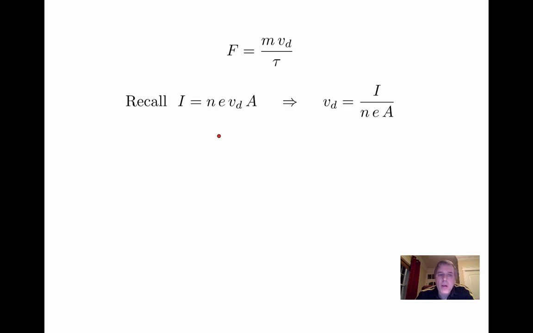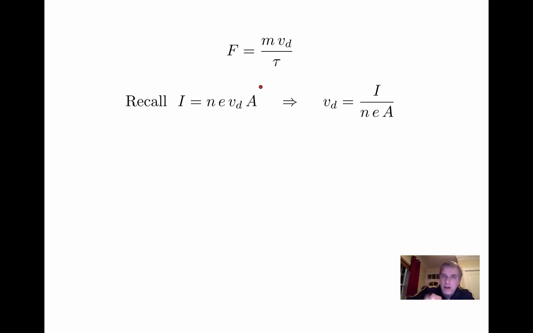But remember, we had an equation for the current. Remember the goal: what we're trying to do is get an equation that relates delta V and current. So I like to have current appearing in my equations. Vd here is related to the current through the equation that we saw previously. The current is equal to the number of free charges per meter cubed times the elementary charge times the average speed times the cross-sectional area.